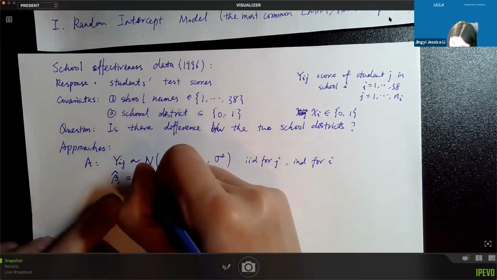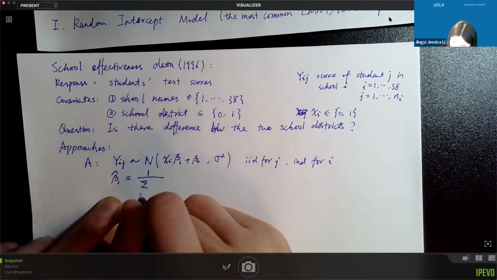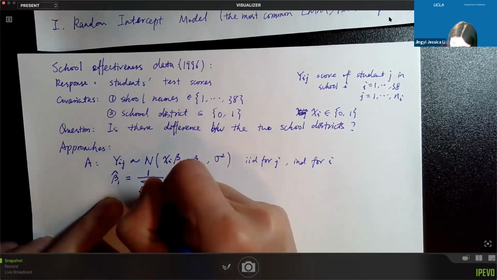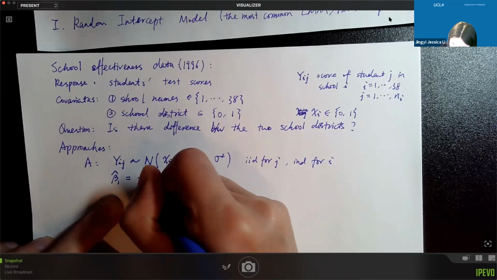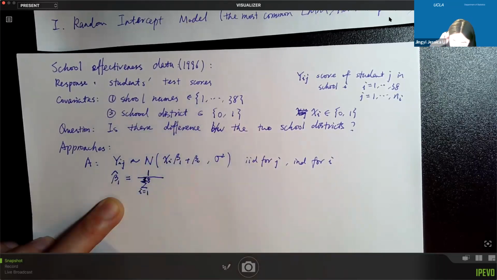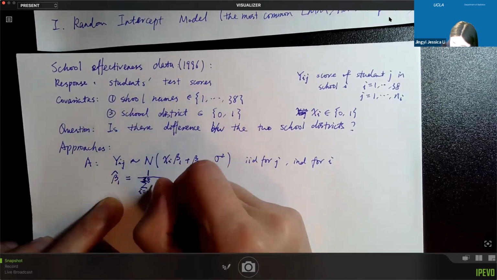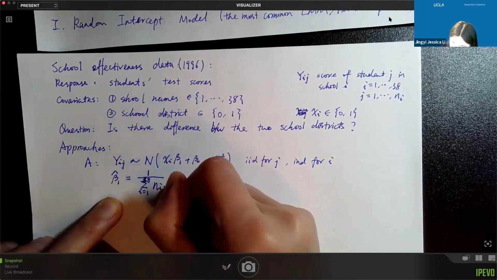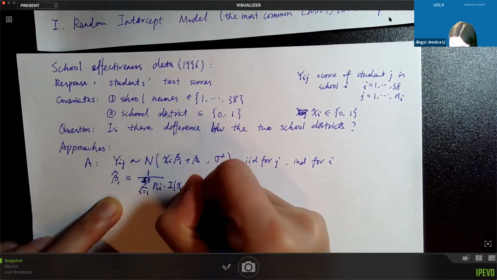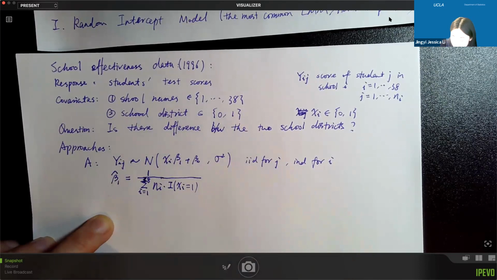It's i from 1 to 38, 38 schools here. And then Ni times the indicator that Xi equals 1. If the school is in District 1, I take that into account.